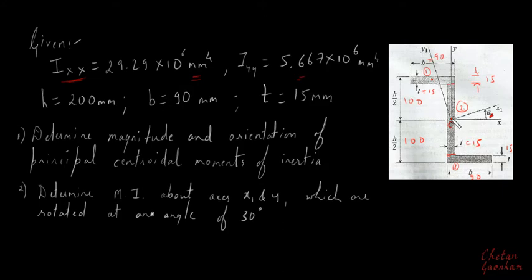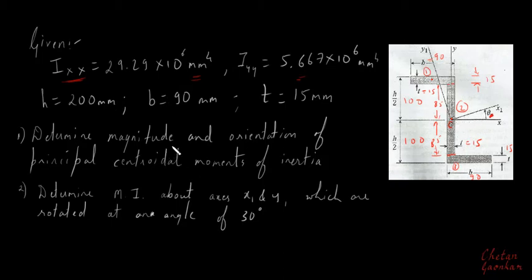Similarly, the centroid of this will be exactly at the center. So this is 100, this is 100, this is 15, this is 15. So 15 plus 15 is 30, and this total is 200. So the distance from here to here will be 170, or this will be 85. From here to here it will be 85, and from here to here again 85. So this is what we need to know, and then we are good to go.